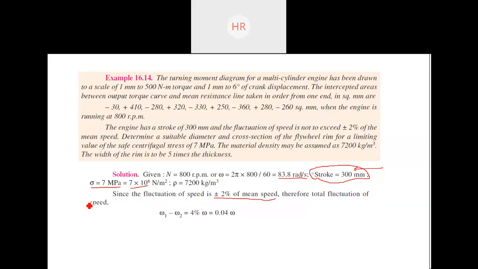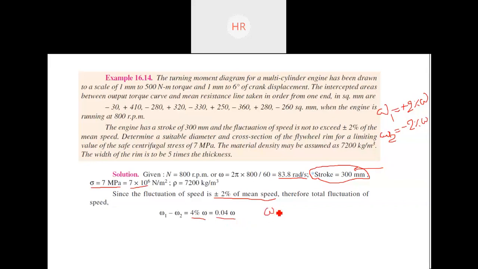Therefore, the total fluctuation of speed is omega 1 minus omega 2. Omega 1 is the maximum speed, that is plus 2% of omega, and omega 2 is the minimum speed, that is negative 2% of omega. So omega 1 minus omega 2 is equal to 4% of omega, so you can write omega 1 minus omega 2 is equal to 0.04 times omega.